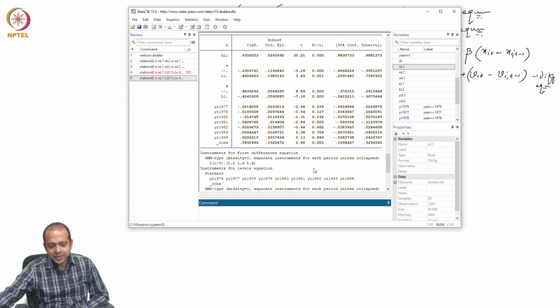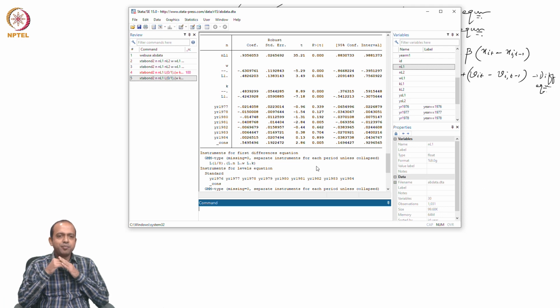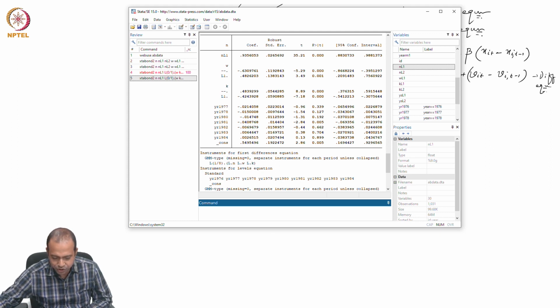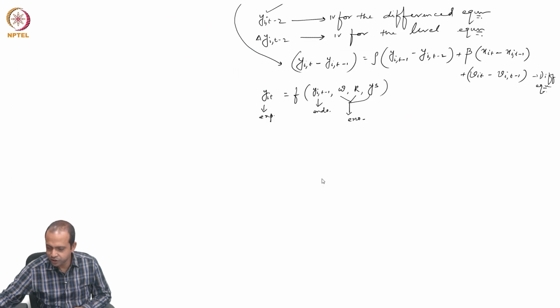And then as I said, these dynamic panel data model estimates are highly sensitive towards your model specification, and two types of specification basically we are talking about. Okay. Two types of specification, which variable you considered as endogenous. So, I will write it down clearly.